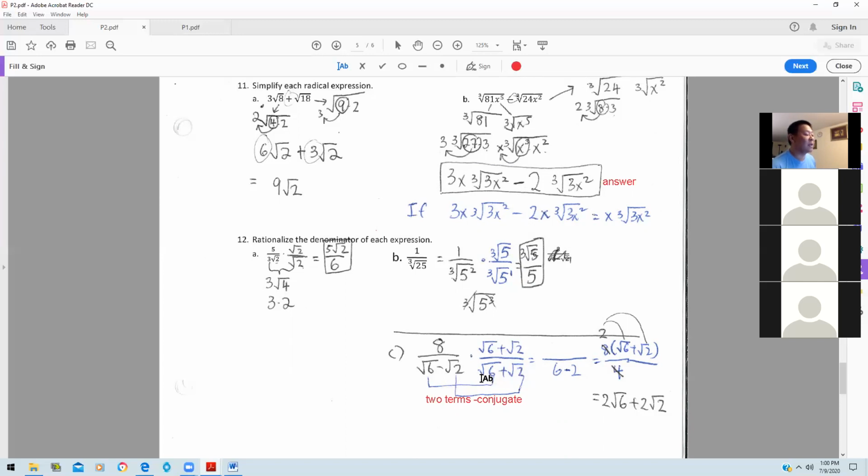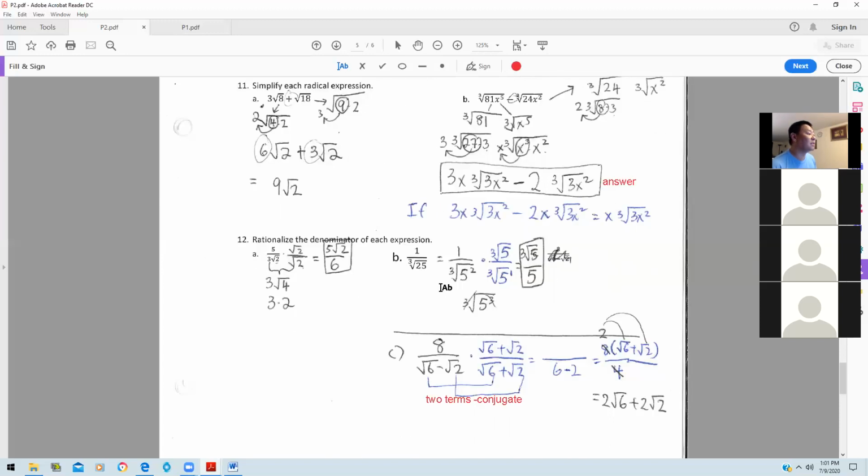It's root 6 times root 6, you get 6. And then root 2 times negative and positive root 2, you get 2, and you get 4 in this case. The top one, you will get 8 times root 6 plus root 2. I don't distribute the 8 first because the 8 and 4 can be reduced, become 2, and then I distribute it. So now you just distribute your 2. So your answer in this case is 2 root 6 plus 2 root 2.